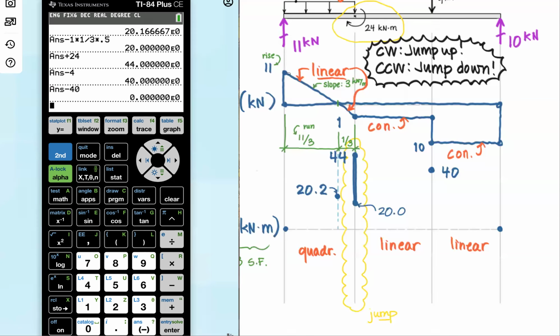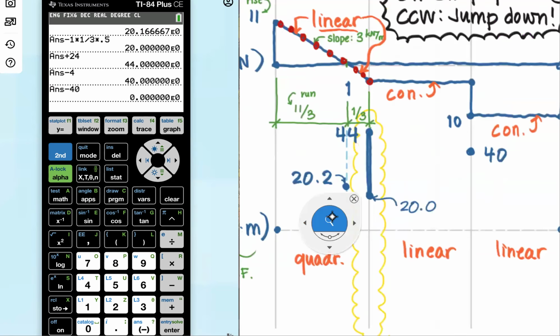For the first segment of the beam, the values are decreasing from left to right. Therefore, my moment function is concave down quadratic. And these are very subtle, smooth parabolas. Oh, that one really sucked. Let's try that again. These are subtle, smooth parabolas. So something like that.